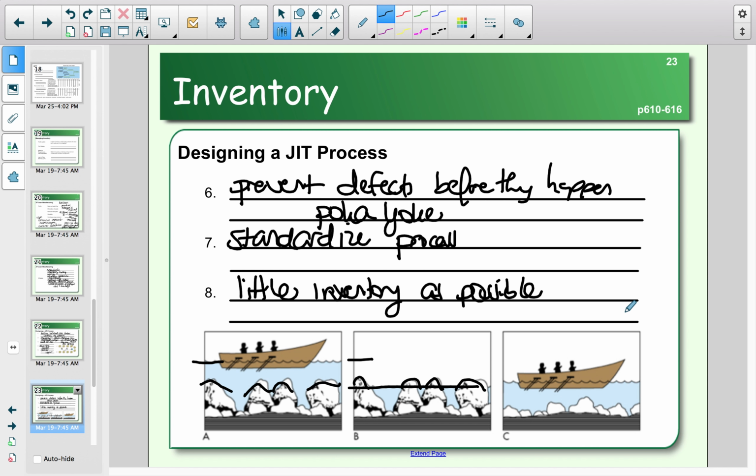So rather than add excess inventory back, which is often the incentive when we look at other forms of dependent demand inventory management like material requirement planning, instead of adding a little bit of extra time or extra safety stock, we focus on getting rid of the defects, getting rid of the inefficiencies, getting rid of the big rocks, so you can keep that inventory low.